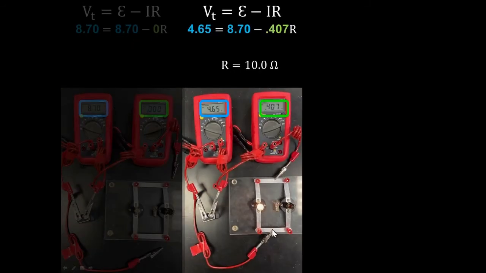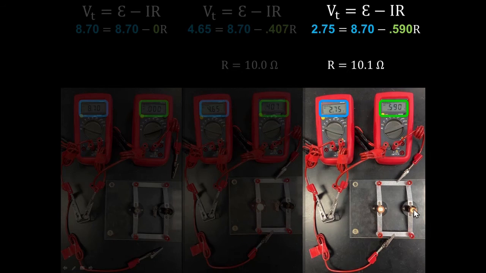Now we're going to connect those alligator clips to just one of these light bulbs, and everything else was measured the same, but this time I'm measuring 4.65 volts with that battery, and it had 0.407 amps. The inside voltage of the battery didn't change. It was still 8.7, but because I had current running through a resistor, it dropped the voltage. And if I solve for that, I find that it was about 10 ohms of resistance for that battery.